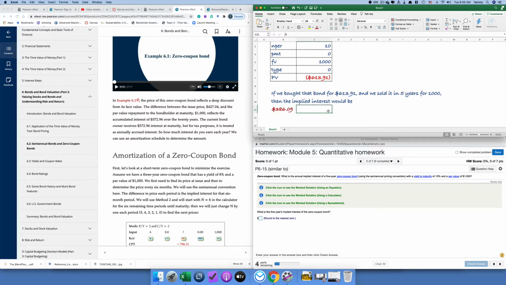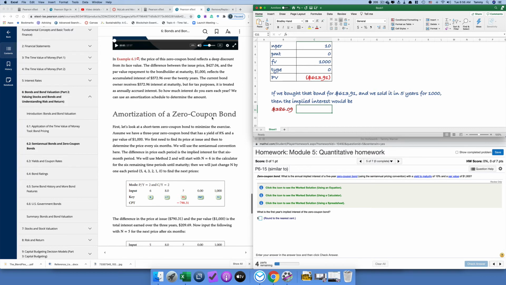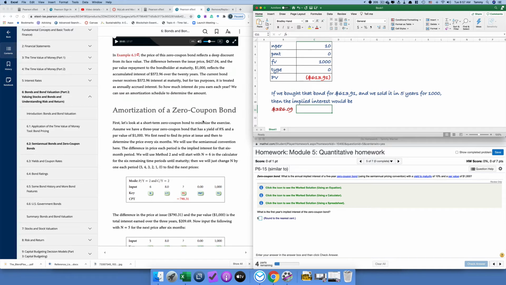Well, that's nice, right? Thing is that even though you don't actually get that money until the end of the time period, you have to pay taxes on it as it's accruing. So you need to amortize the bond. And amortization is basically a way of knocking off the value of something. It's kind of like depreciation, except for non-physical assets.